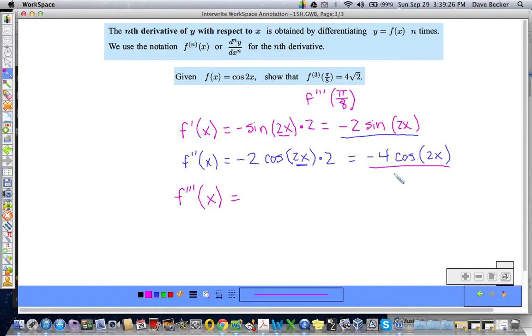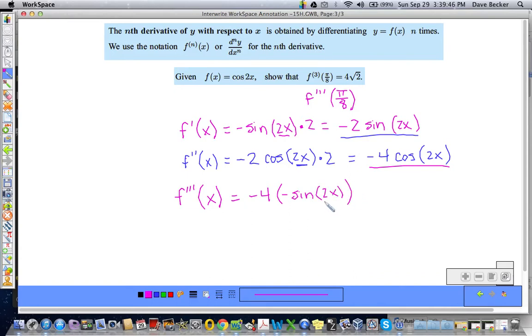So again, we have a chain rule. The outside function is cosine, and the derivative of cosine is negative sine. So we would have negative 4 times negative sine of 2x.